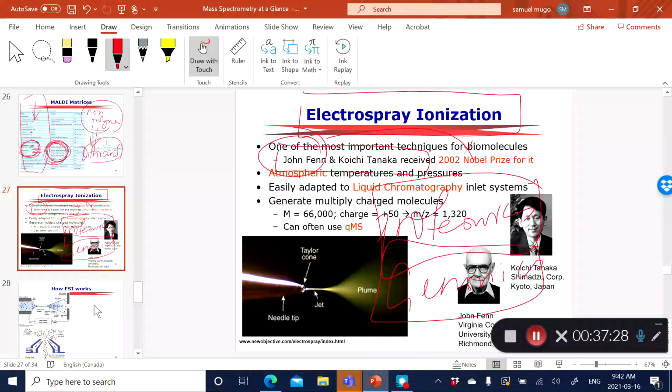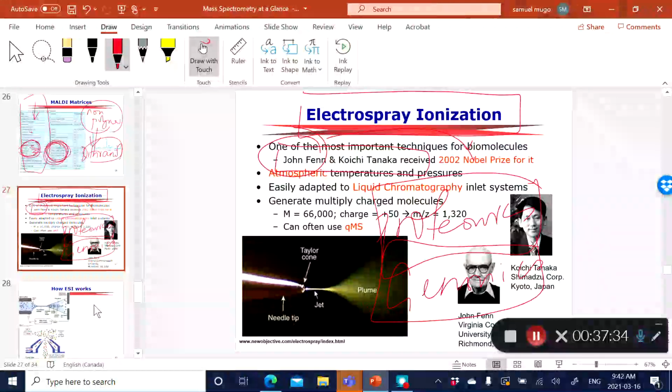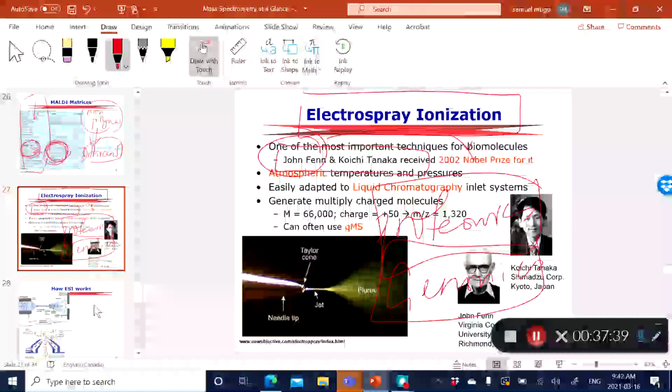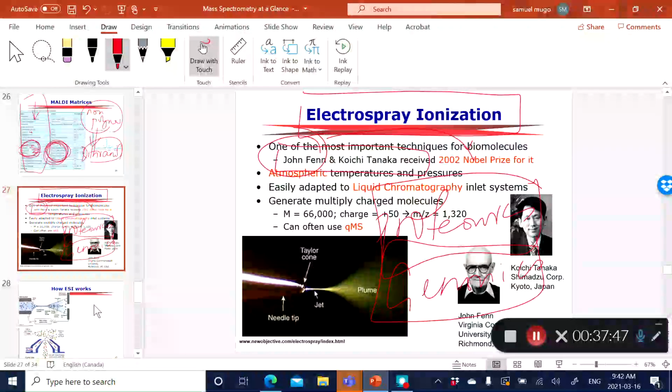But what Fenn did is he developed a technique that is able to analyze intact proteins, without needing to take them through a sample preparation step of enzymatic digestion to make the molecule smaller.